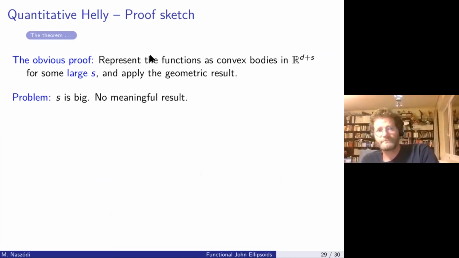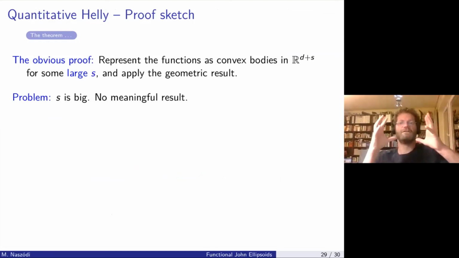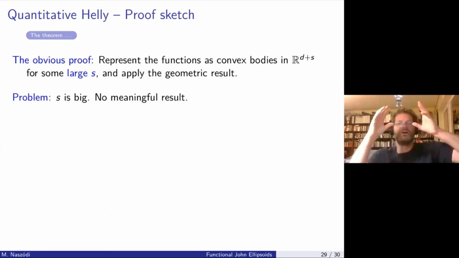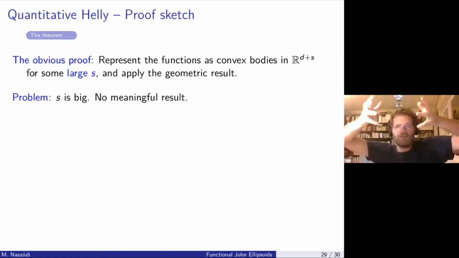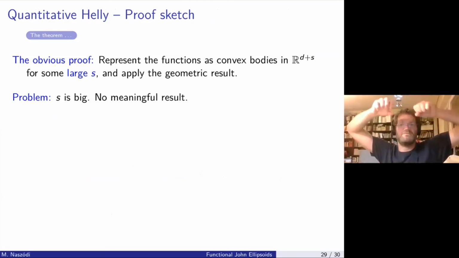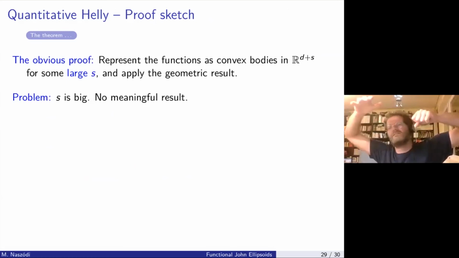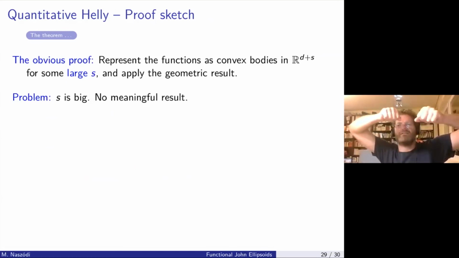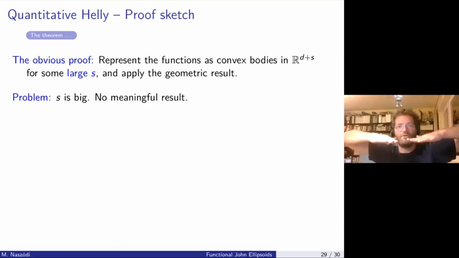So here's the obvious approach. We have the quantitative Helly theorem in R^{d+s}, for any s. So just take the d+s dimensional result and say that, well, my functions down here in R^d are just marginals of d+s dimensional convex bodies. If s is large enough, then these convex bodies, these marginals, approximate all our functions well enough.